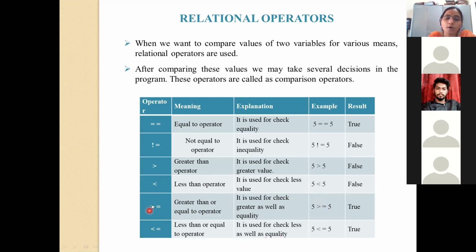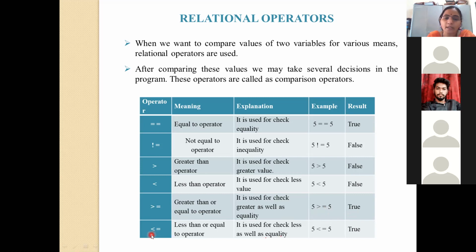See, this is the symbol of greater than or equal to. It is used to check greater as well as equality. Means this greater than or equal to operator checks for the greater value as well as the equal value. Now here 5 is not greater than 5, but 5 is equal to 5, and that's why you will get the result true.